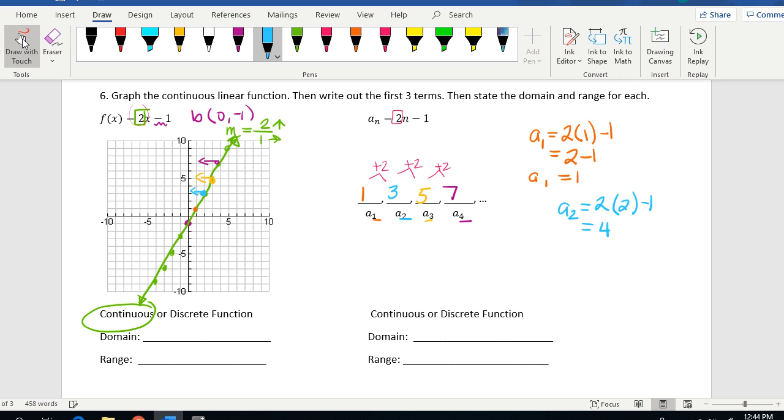So 2 times 2 is 4, 4 minus 1 is 3. So a sub 2 is 3. And I could go so forth. So that is another way that you could have found the first 4 terms. I want you to finish the domain and range for both of these, and whether it's continuous or discrete, and check your answer on the answer key.